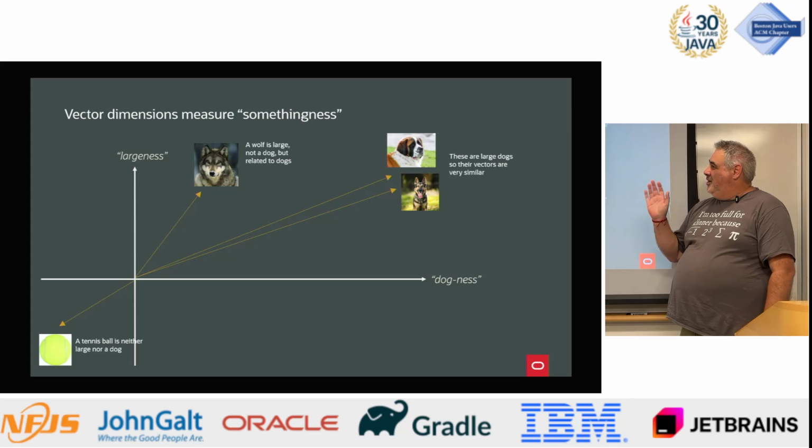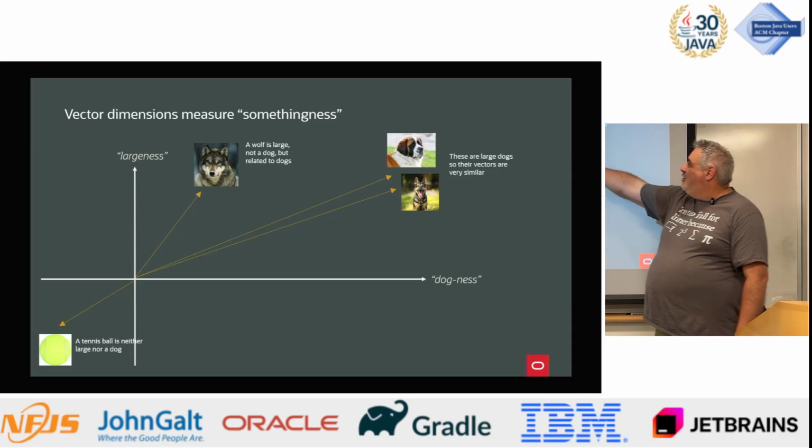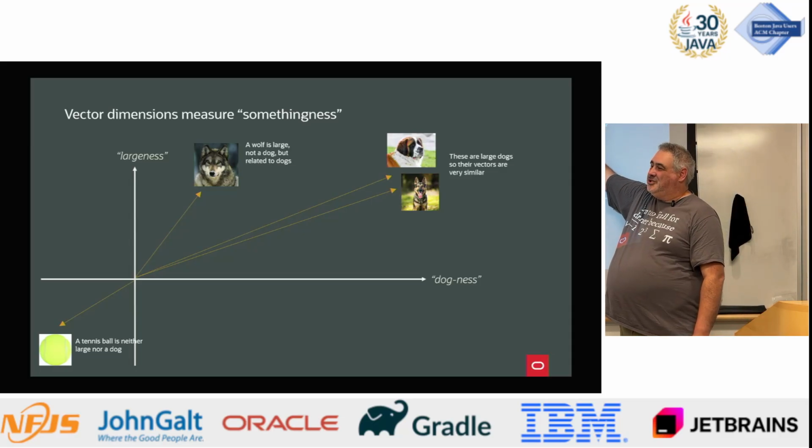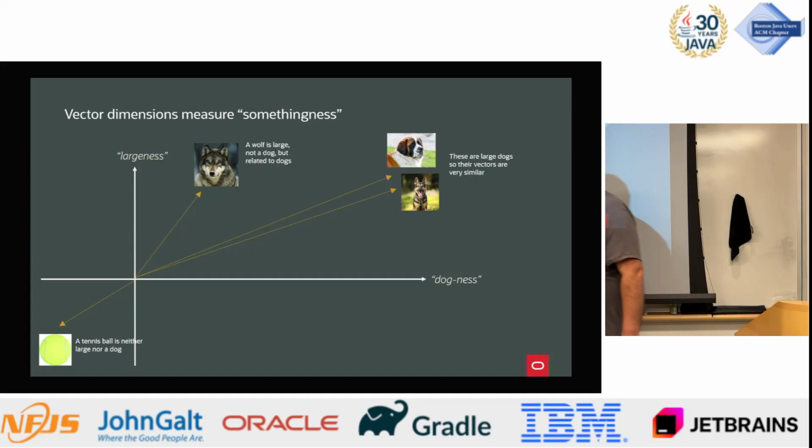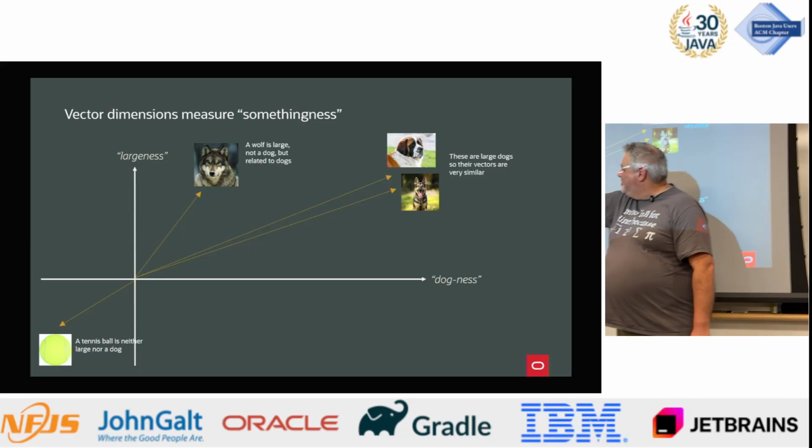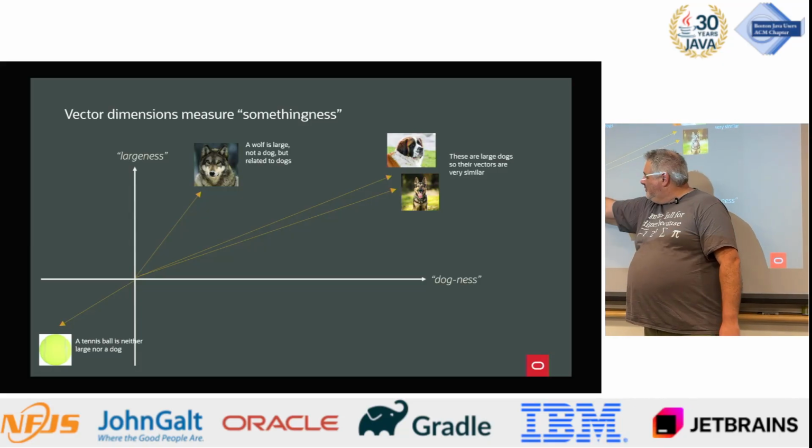So in vector databases, when you do vector comparisons, there's lots of different ways to determine how similar a vector is, right? So one is, you know, how close are they to each other? Like you can do a dot product to find out the distance between them, for example. Another is called cosine similarity, which just measures the angle here. So these two are very similar because this is a very small angle.